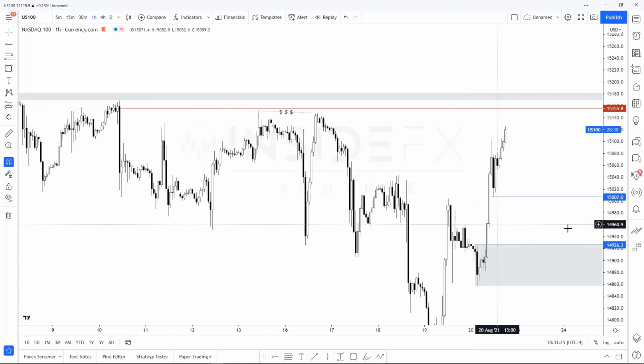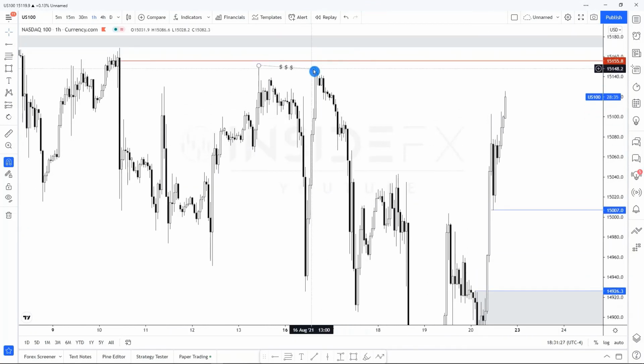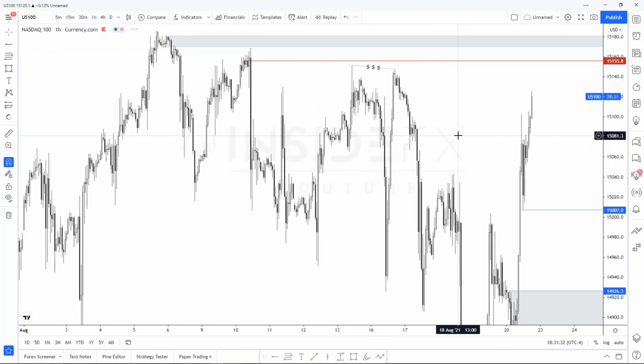Now let's see the 1-hour. Like I said, rather wait for price to show you that it wants to go lower.